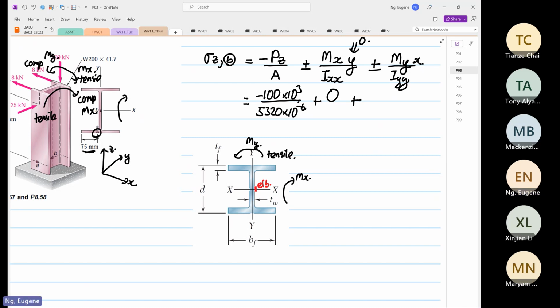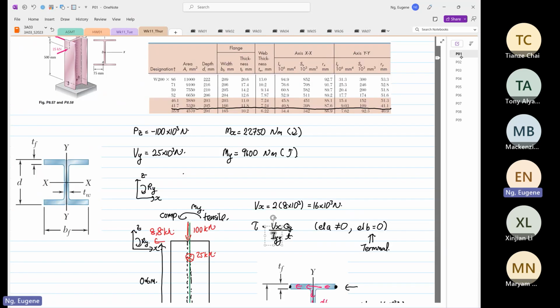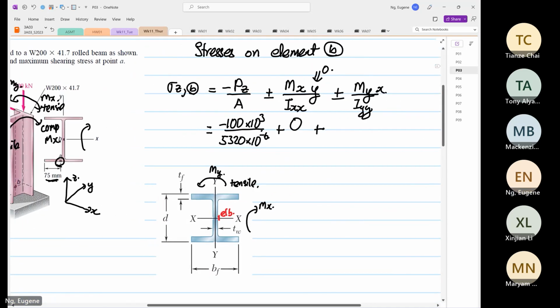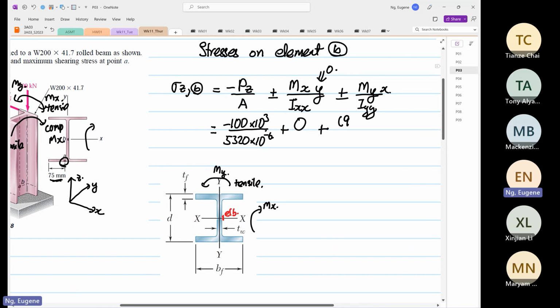So now we know that My is equal to 9600, multiplied by the x distance, so it's the thickness of the web.